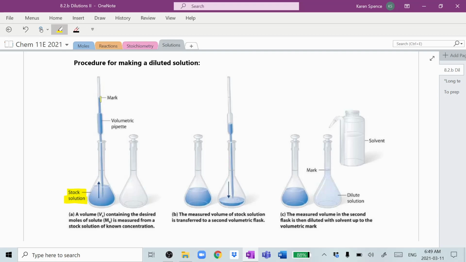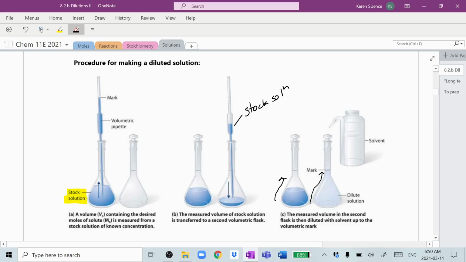For this one, we're going to use a pipette, take that stock solution and add it into a volumetric flask of the correct size. And then we are going to keep adding water until we get to the mark.